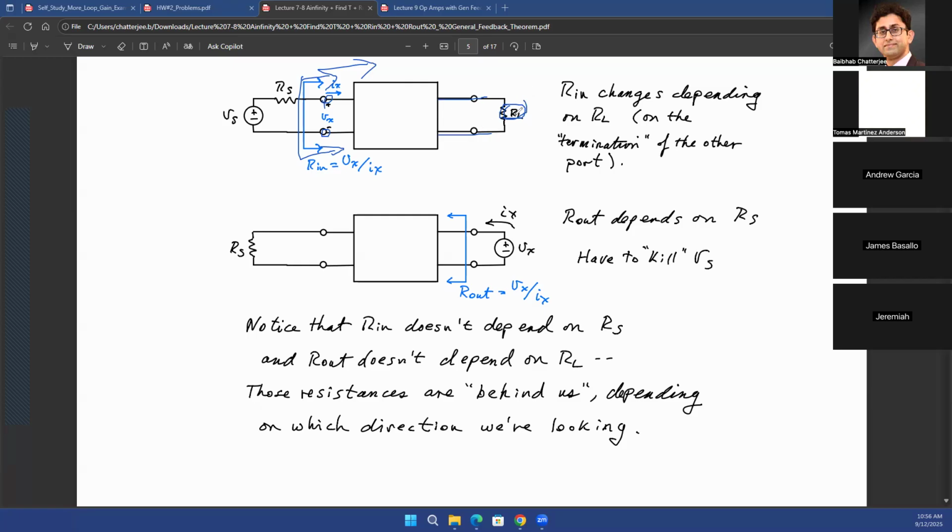Now, if there is an isolation element within the black box that completely isolates RL from the input side, of course, you'll see no effect of RL. But assuming the black box is, let's say, a combination of resistances, maybe something like this, then whatever you connect as the value of your RL will impact the effective resistance that you see from the source side.